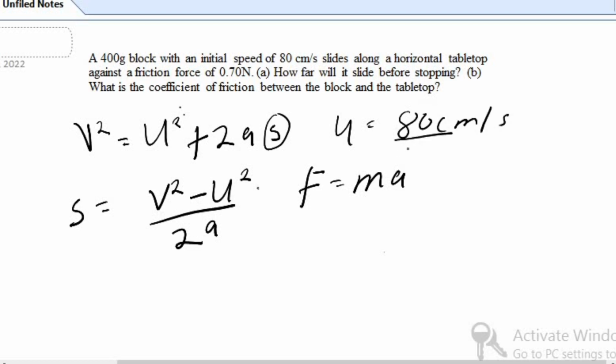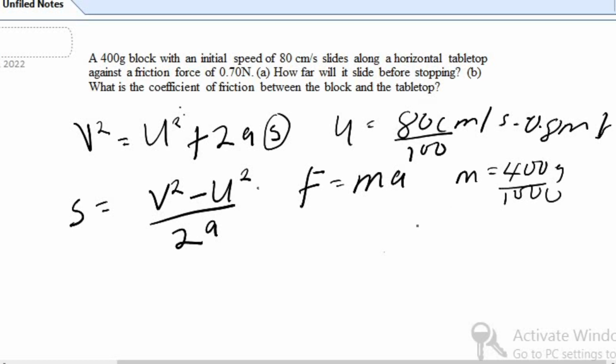By converting to meter per second, we divide by 100, which is equal to 0.8 meter per second. This is our u, and also mass, which is m, we divide 400 gram by 1000, and m is equal to 0.4 kilogram.